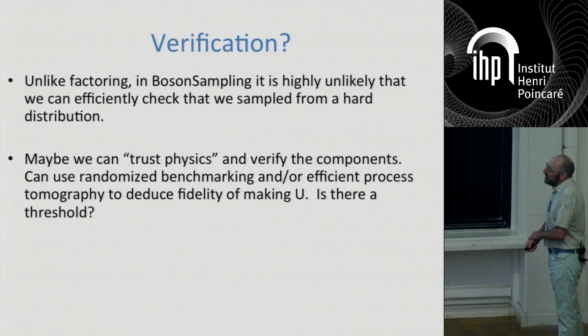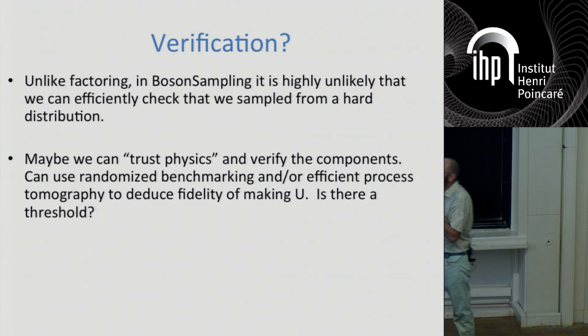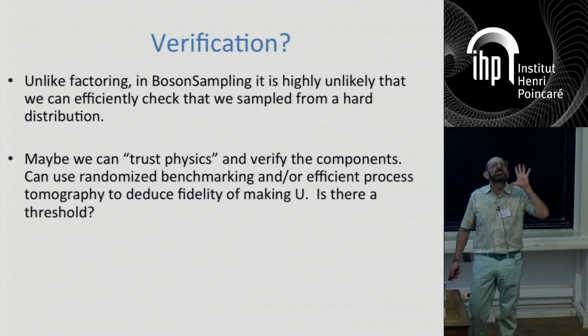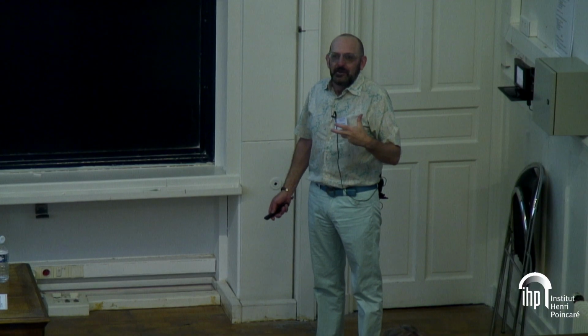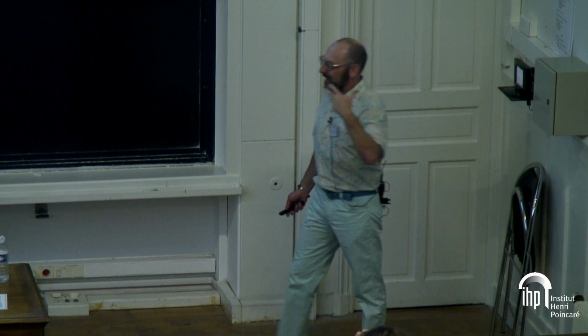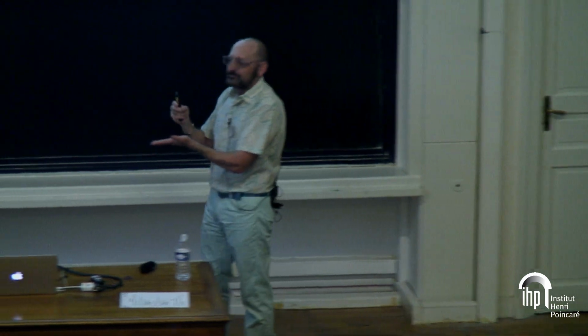Well, one way to look at this is to say, maybe we could just trust physics. That is to say, we know that the atoms are obeying the Schrodinger equation, and we test all the components in it. We check that we prepare atoms with a certain fidelity. We do the best randomized benchmarking and other verifications that we've made the right single atom unitary map. We check that we are detecting these atoms with high efficiency.